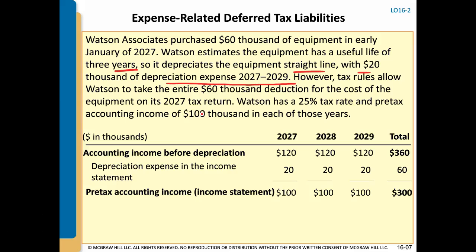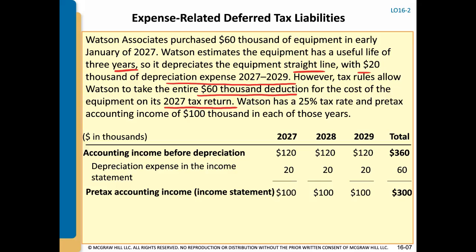However, the tax rules allow Watson to take the entire $60,000 deduction for the cost of the equipment on its 2027 tax return. So we have an asset that's being deducted over 3 years for financial reporting, but the full 60,000 can be deducted on the 2027 tax return.